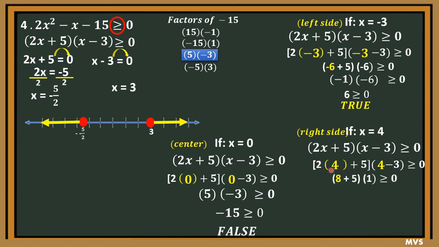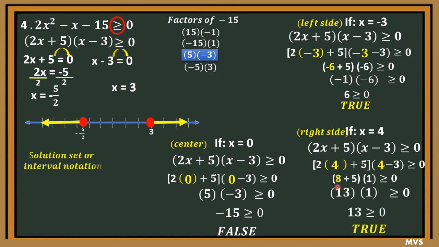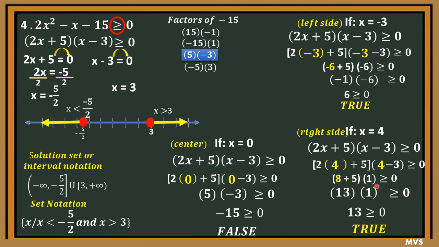And then 4 minus 3 is positive 1. Then simplify it further. That is 13. And just copy 1. Then multiply the 2. That is 13. And then, is 13 greater than or equal to 0? Yes, that is true. It means that right side region is included in the solution set.